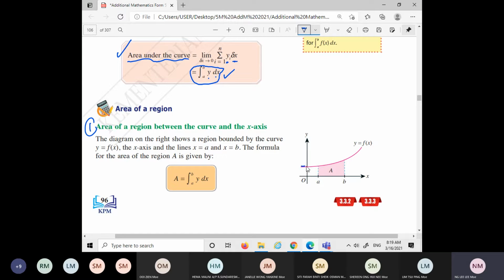The limits A and B are here. B is the upper limit, A is the lower limit. This is the area in question. So we can find this area by using this. This is the first one.